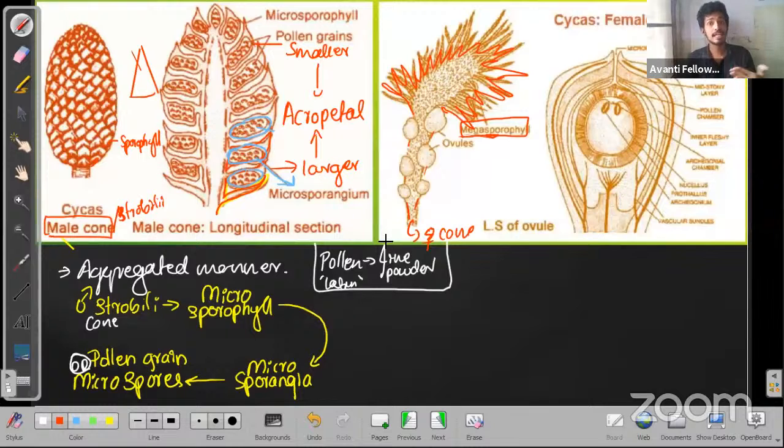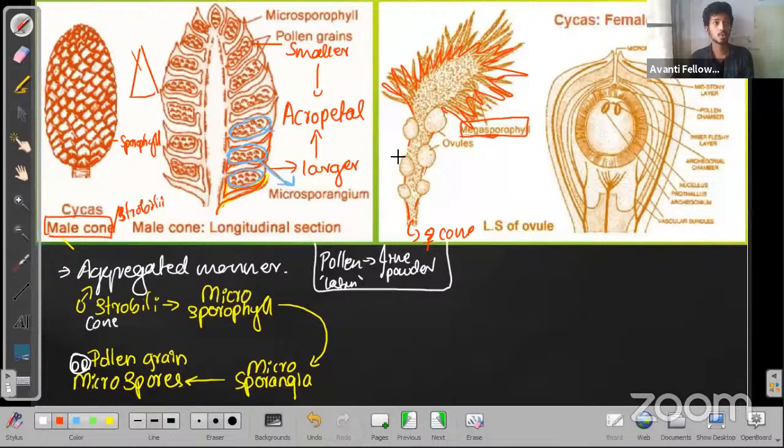So what they did, instead of producing a lot of ovules, they only produced a few ovules, but the sporophylls remained intact. Okay, why it happened like that, we don't know, because evolution and mutations are completely unpredictable.